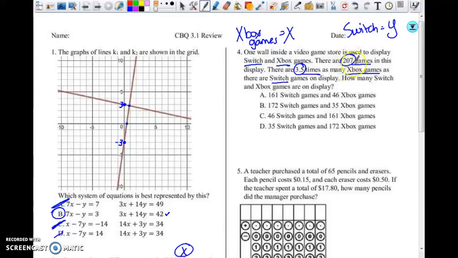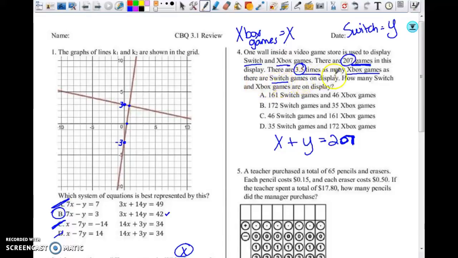So I know there's 207 games, right? And what are the 2 games I'm talking about? Xbox games and Switch games. So X and Y. My Xbox and my Switch will be 207. All right. And the second equation was there are 3.5 times as many Xbox as there are Switch.